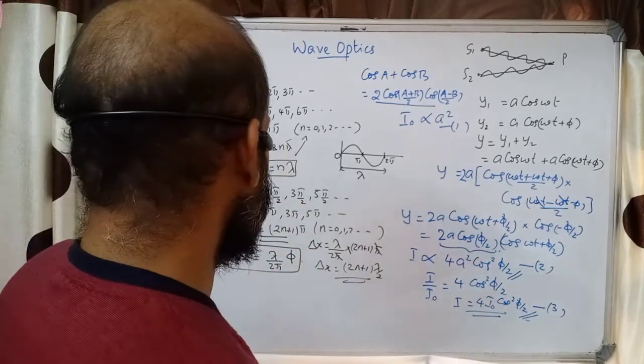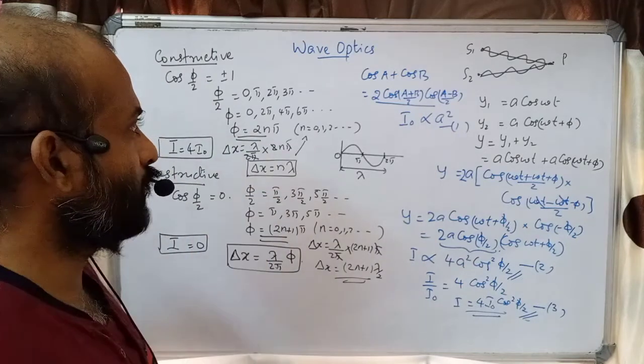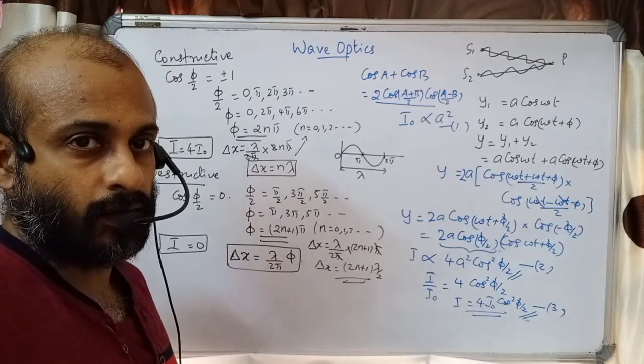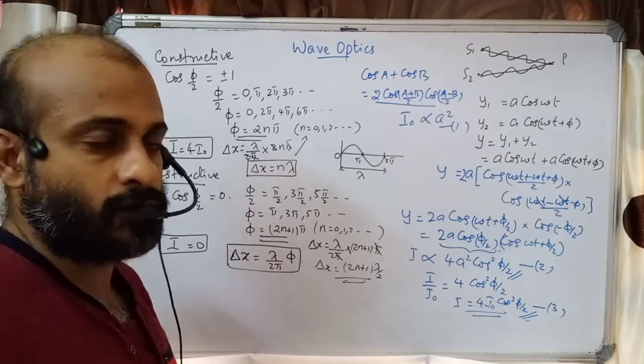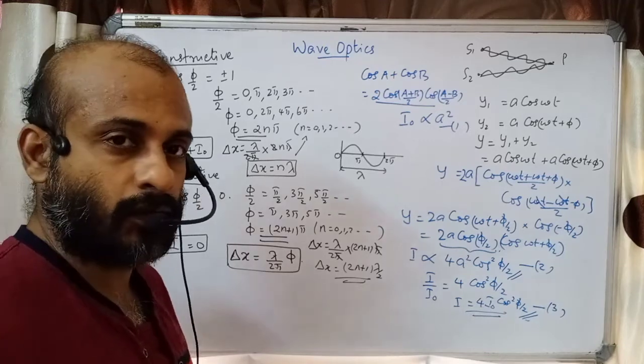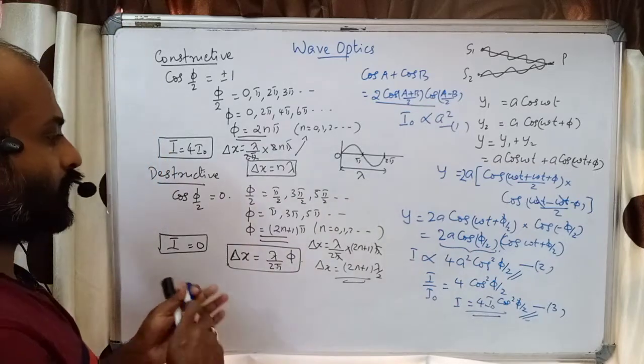Now we have one more condition. Suppose we have two waves of different amplitude. The wavelength will be the same, the phase will be constant or the same, and the frequency will be the same, but the amplitude slightly different. Then what is the net intensity?